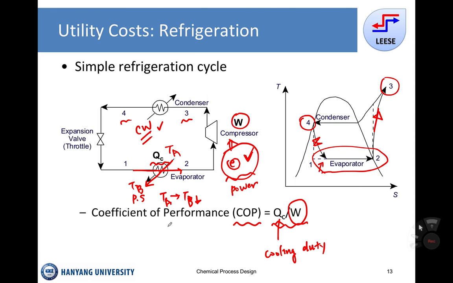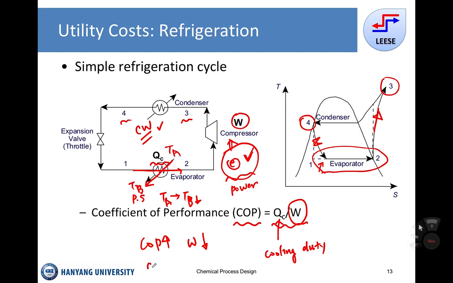So the COP means, in order to achieve the cooling in the evaporator, we estimate the power requirement for this refrigeration cycle. A high COP means low power requirement, so that is good for the cycle.